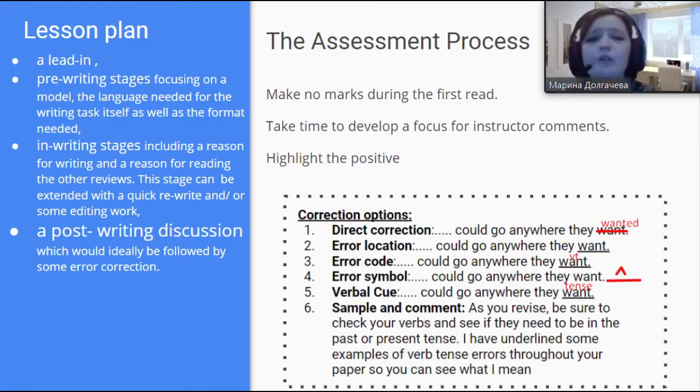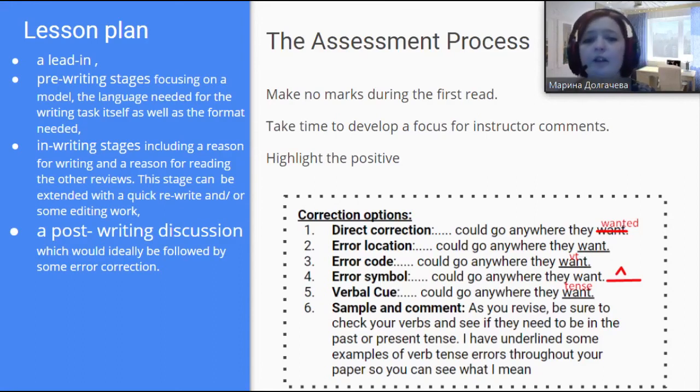For example, you can always use direct correction. It will not take much time for the student to take a look and see what the correct answer is, but it is not, of course, the best idea. We can use error location by underlining the word which is incorrectly used, and that's how the student will need to think of the correct way of using that particular word.